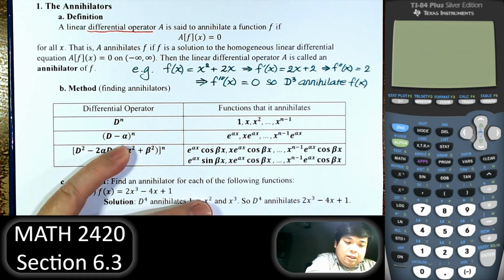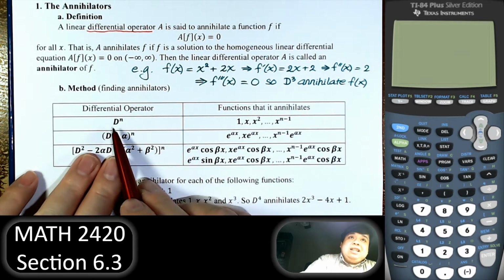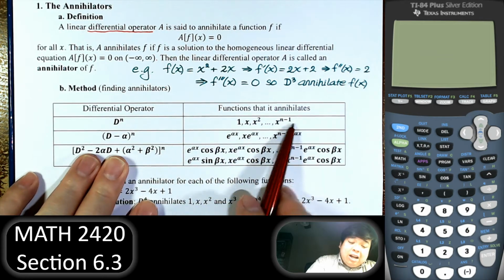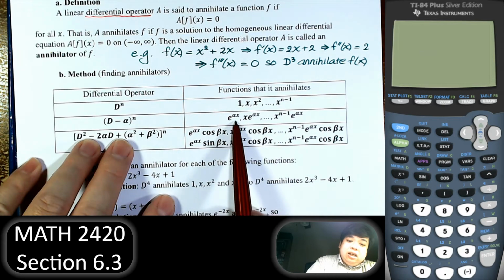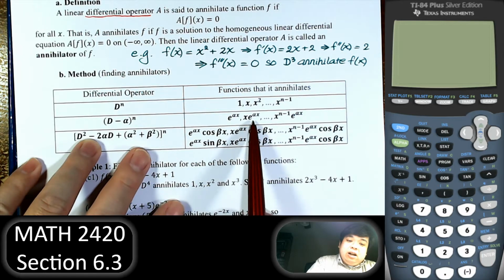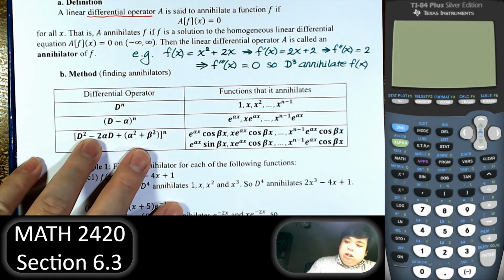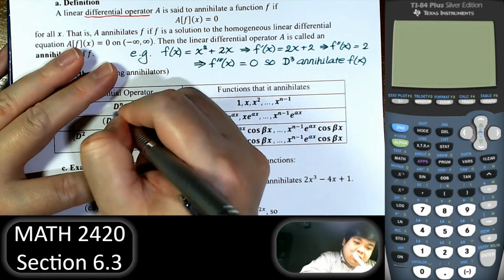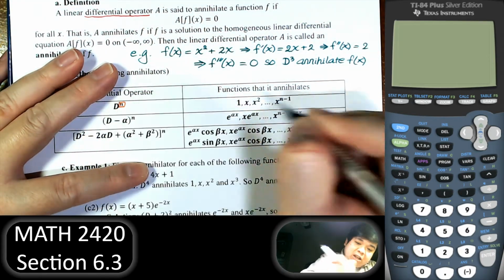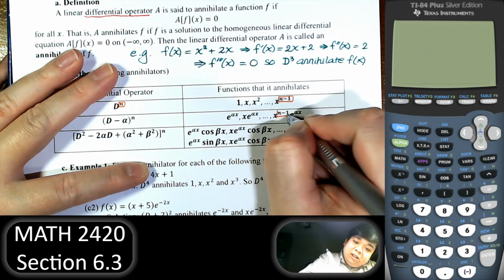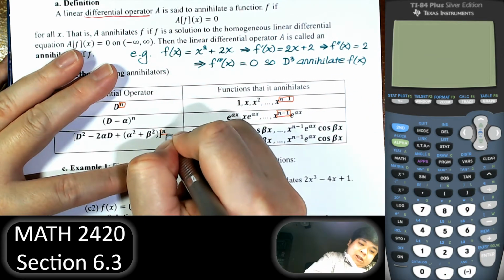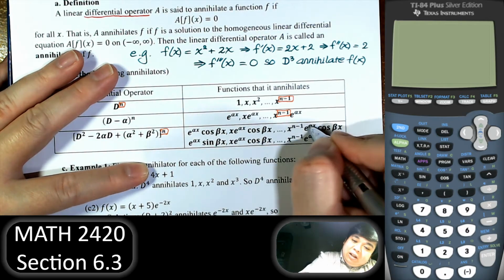Right. So d to the n annihilates all of that. D minus alpha to the n annihilates e to the alpha x, x e to the alpha x, all the way up to x to the n minus 1 times e to the alpha x. So you notice the pattern that we'll have the power of n here, and it will go up to the power of n minus 1 of x. And that will be the same thing for all of them.